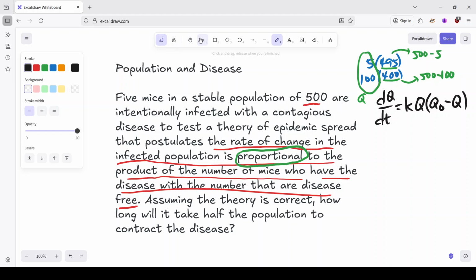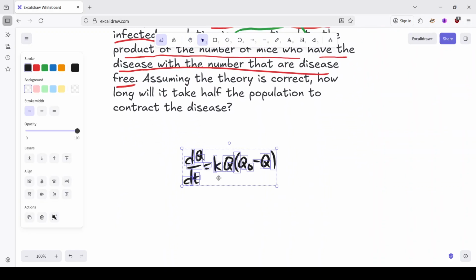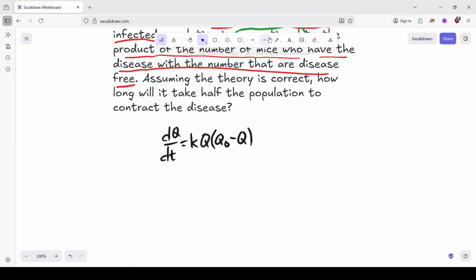So, looking at this equation, let's proceed below. We can see that this is a first order DE which is variable separable.